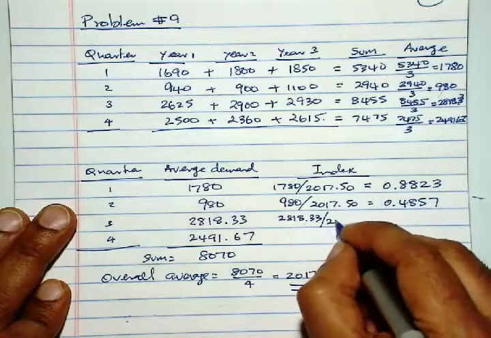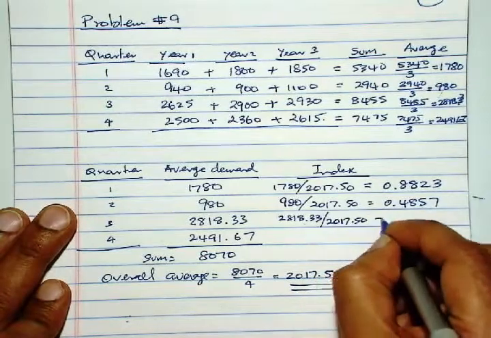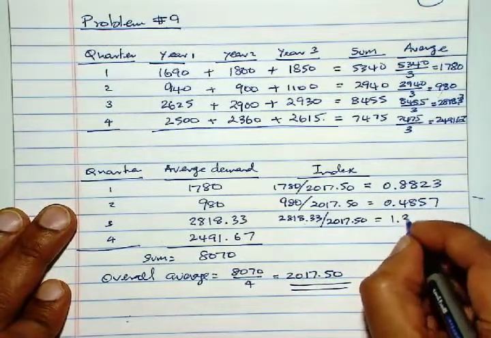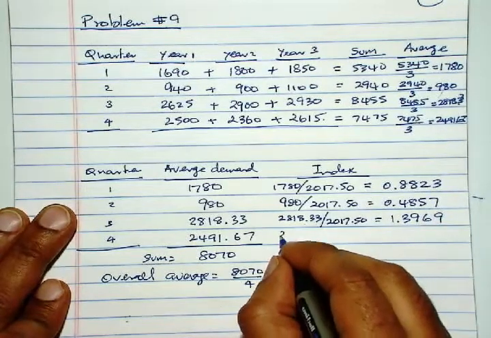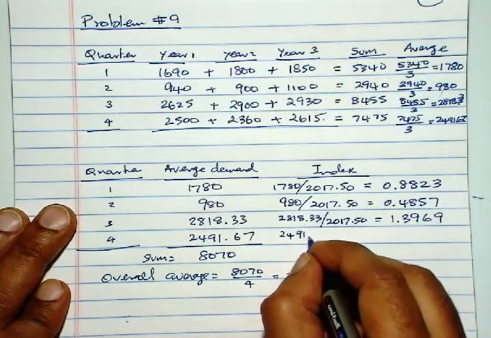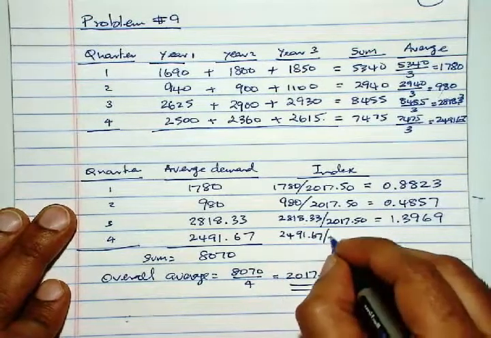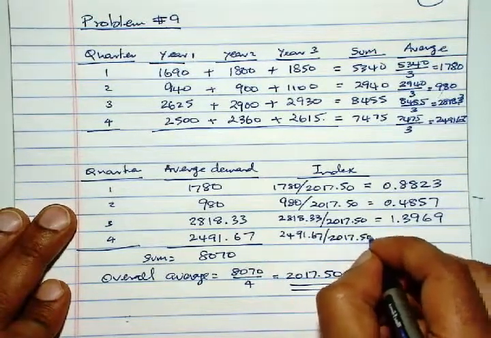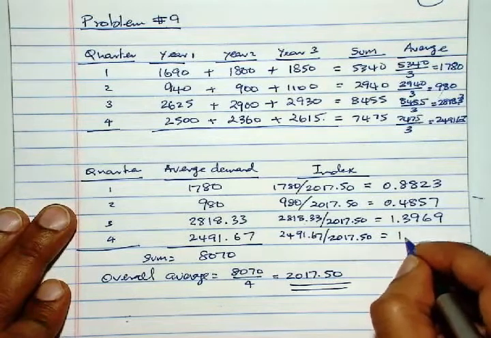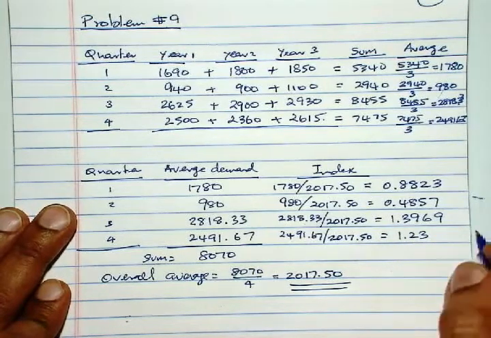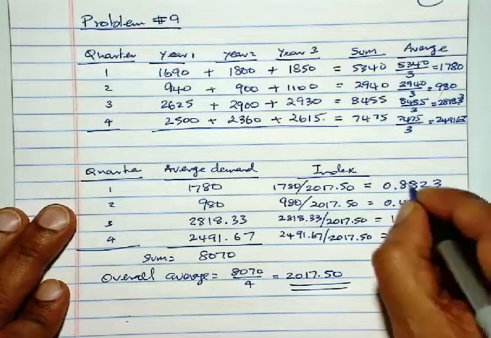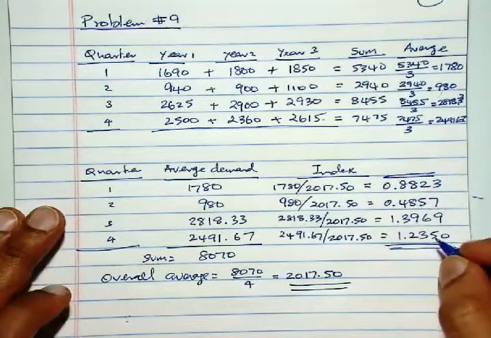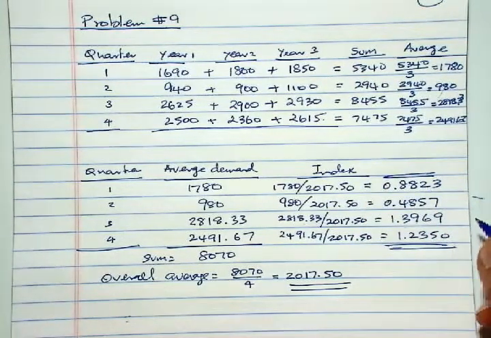Then 2818.33 divided by 2017.5, that is 1.3969, and then 2491.67 divided by 2017.50, so that will give you 1.2350. So these are the 4 seasonal index values.